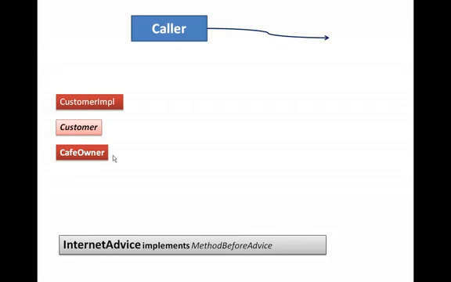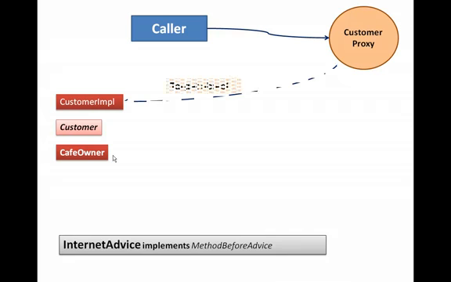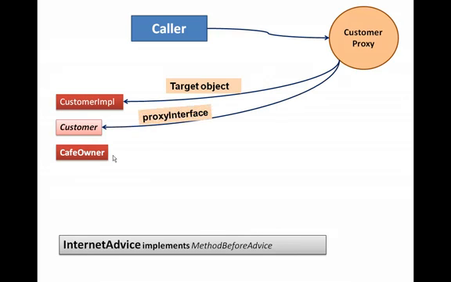When a caller calls the proxy that is configured in the Spring framework, the proxy looks out for what target object this call has come for, and what are the methods this target object is actually implementing. After that, the proxy needs to have the information of who is the pointcut advisor, who can give the information of what kind of methods the advice needs to be applied for, and who is the actual advisor.